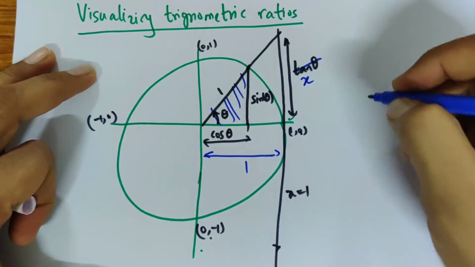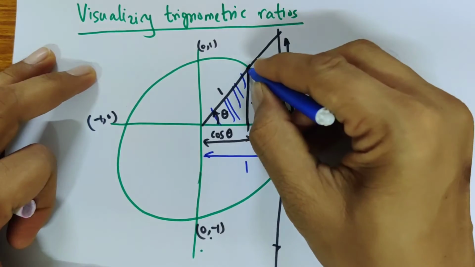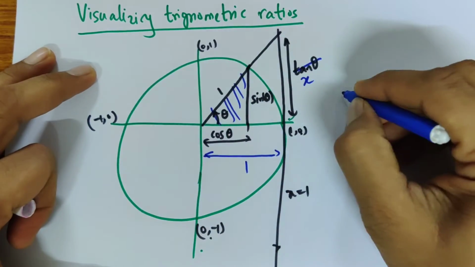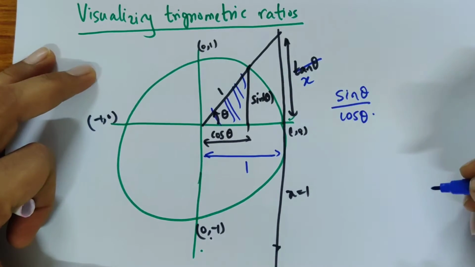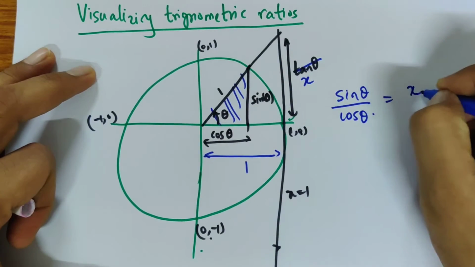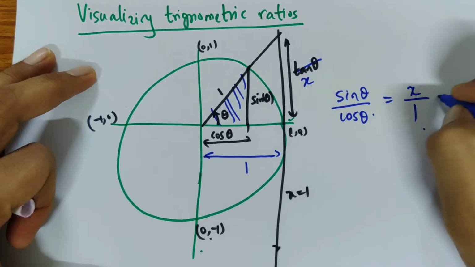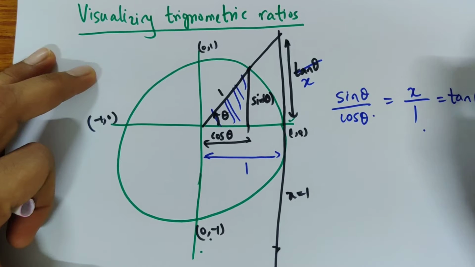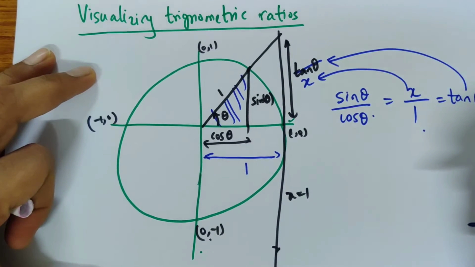Because it's similar triangles, and we have another video on similar triangles, the ratio sine theta by cos theta is equal to x by 1. Sine theta by cos theta is called tan theta. So x, which is this, is equal to tan theta.